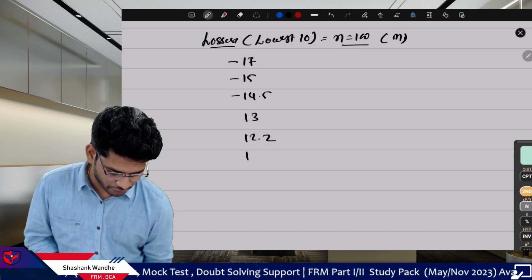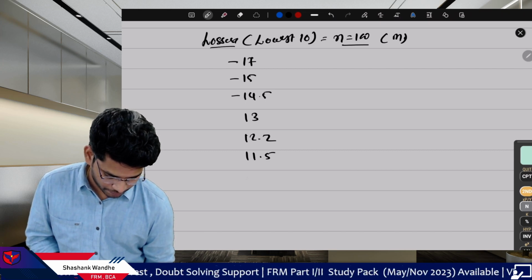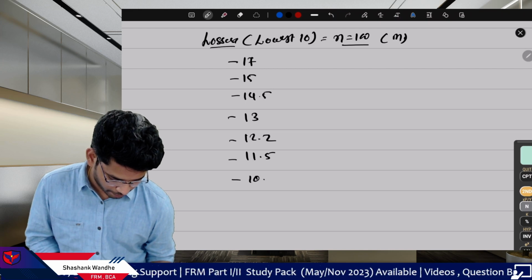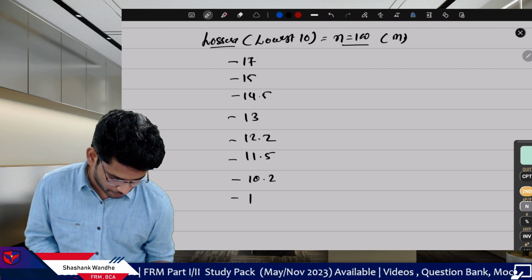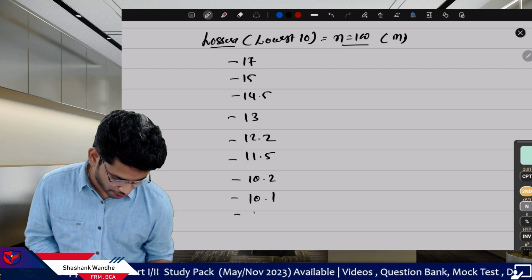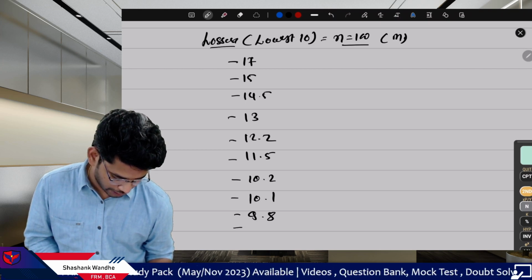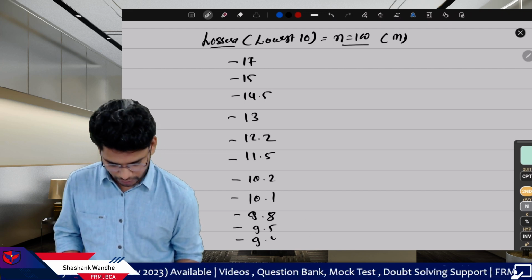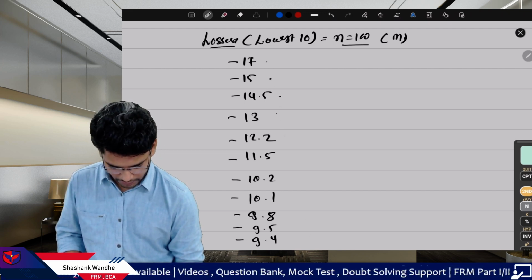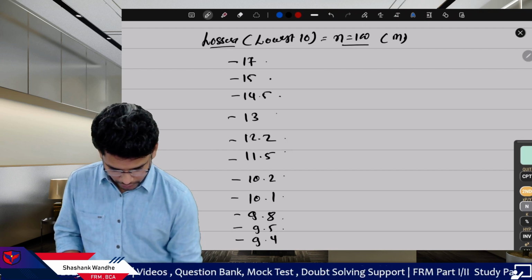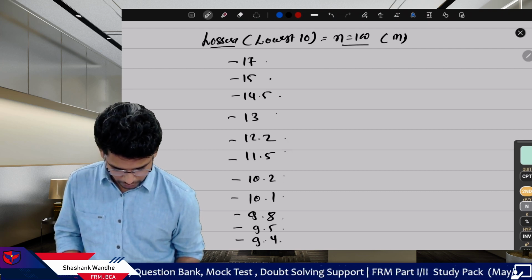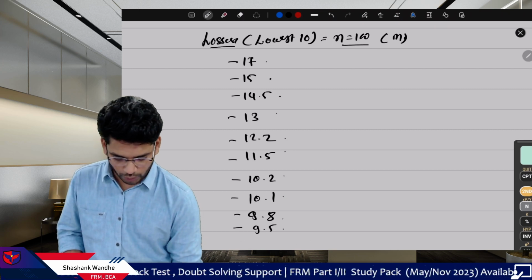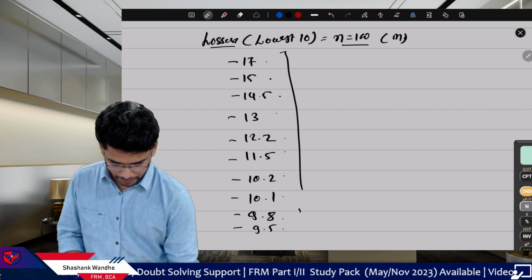I'm just taking random values here. And 10.2, say 10.1, 9.8, then 9.5, and then 9.4. So 1, 2, 3, 4, 5, 6, 7, 8, 9, 10. So these are the 10 lowest values.